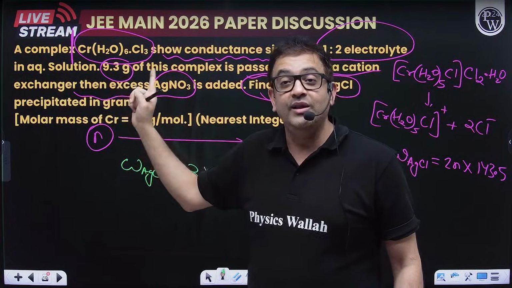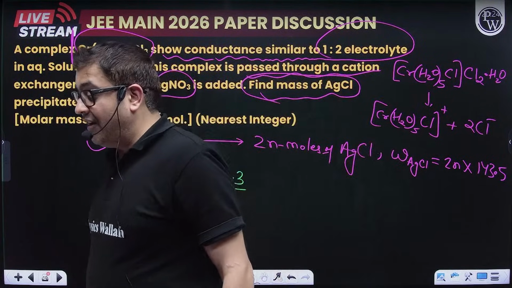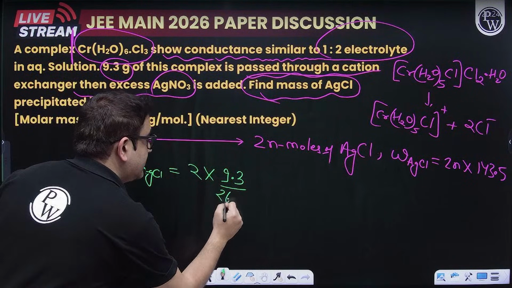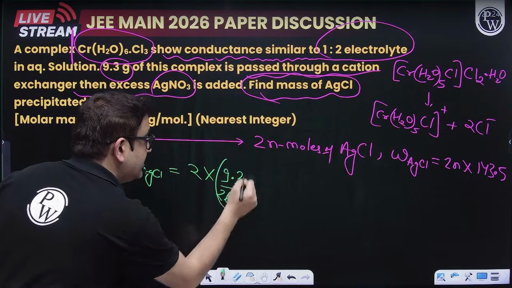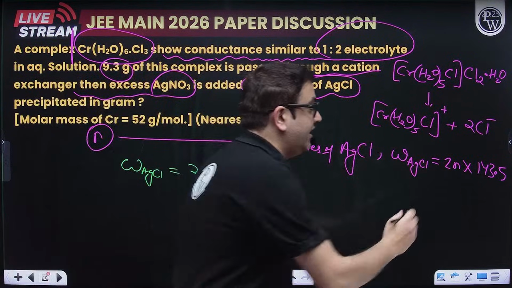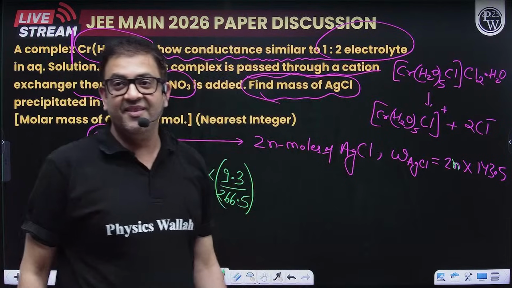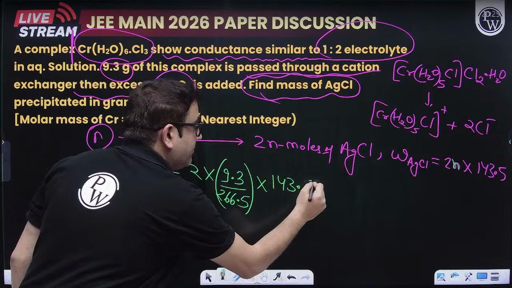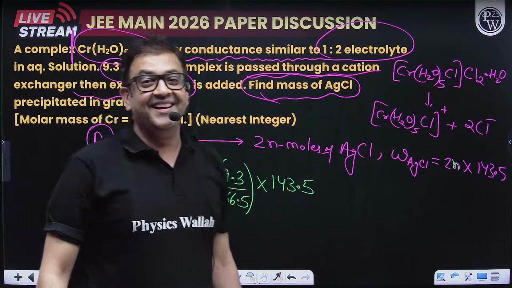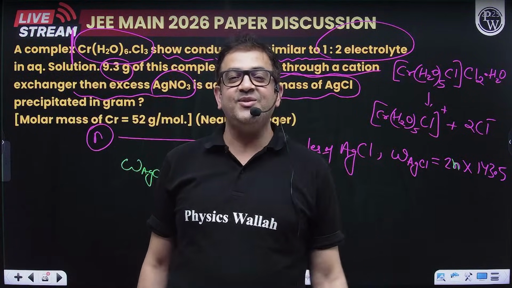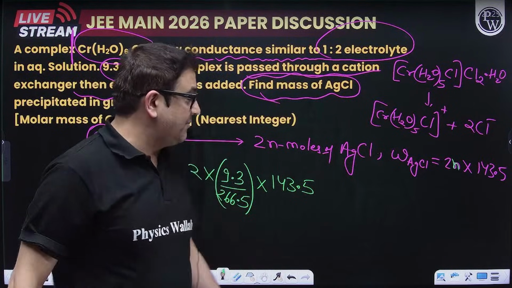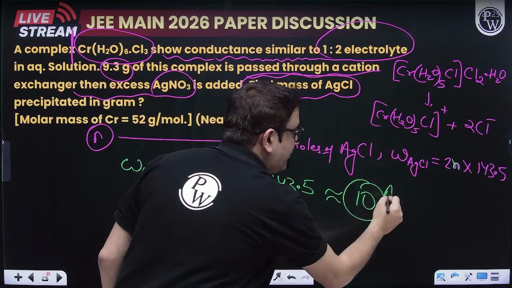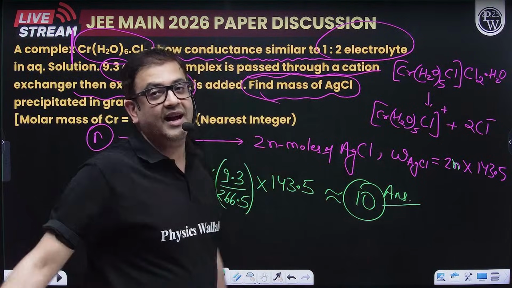Now do all these things, and I guess I've calculated this for you. I guess this will be 266.5. So this will be the value of small n, the number of moles of complex. Post that you have to multiply by the molecular mass of AgCl, and once you calculate, you will land up around 10.0 something. So the integer type answer you will put is 10.